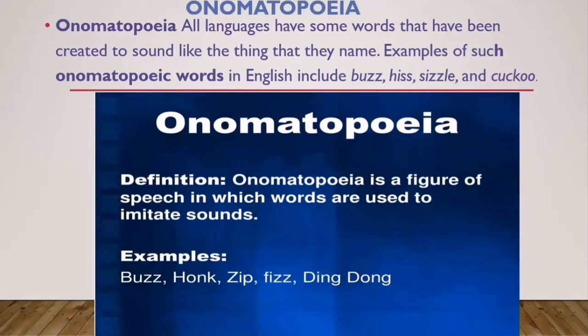Onomatopoeia, I like this. I like onomatopoeia because I can identify it; it's easier to identify. The definition: all languages have some words that have been created to sound like the things they make. Examples in English: buzz, hiss, and so on, you can hear the sound.